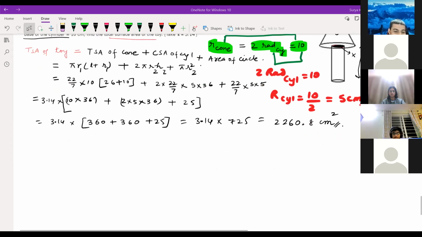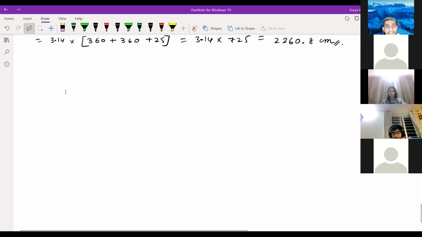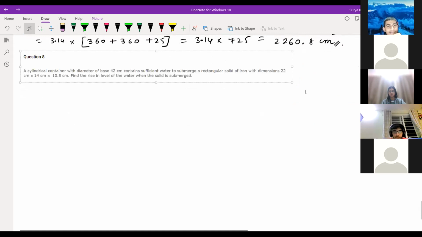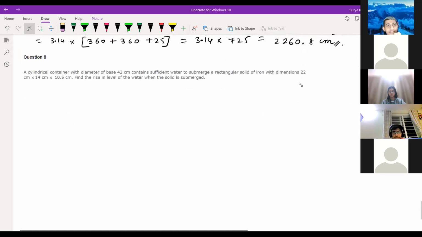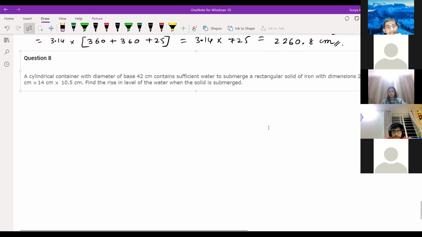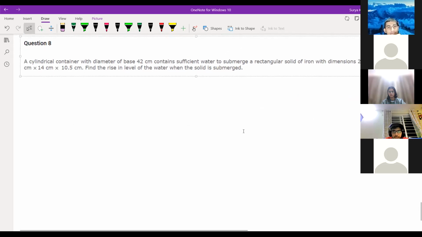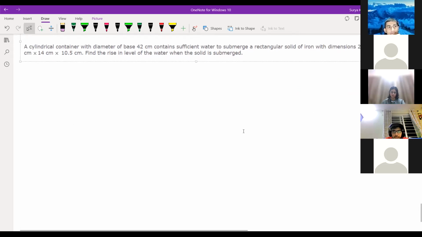Also, question number 8 now. A cylindrical container with diameter of base 42 centimeter contains sufficient water to submerge a rectangular solid of iron with dimension 22 centimeter, 14 centimeter and 10.5 centimeter.